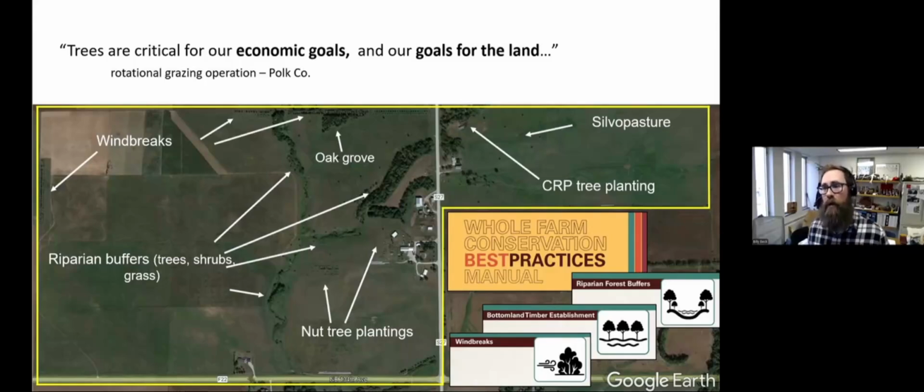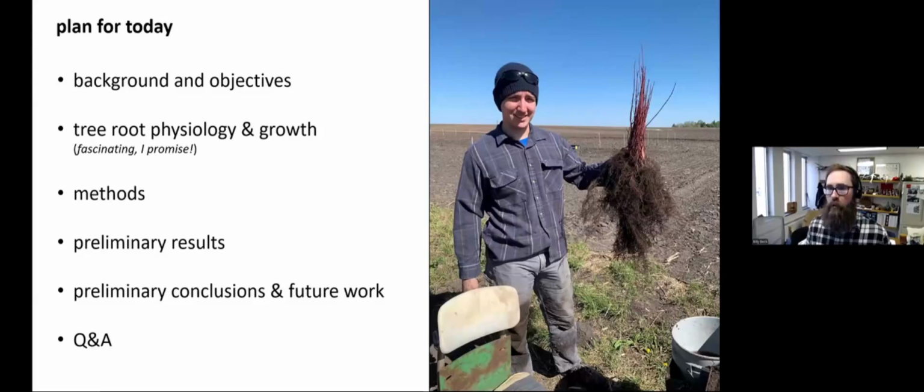So today, we're going to talk about an interesting little project just south of campus here, a saturated riparian forest buffer. So, real quick plan for today: some quick background and objectives. Then I want to hit a little bit on tree root physiology and growth. Before you hit the exit button, it is fascinating, I promise.